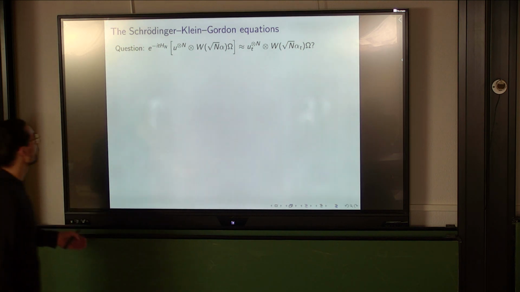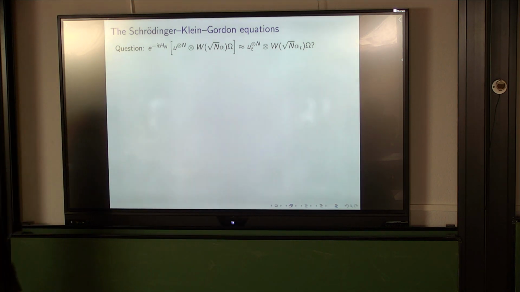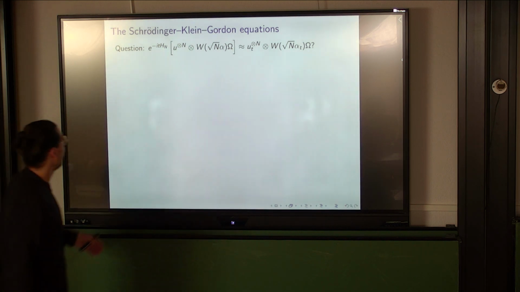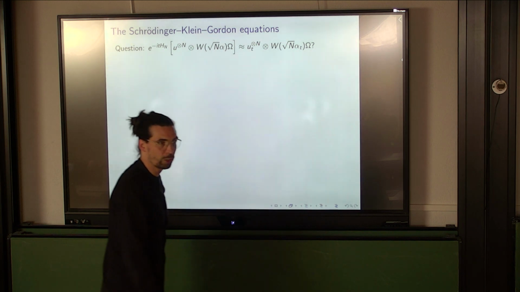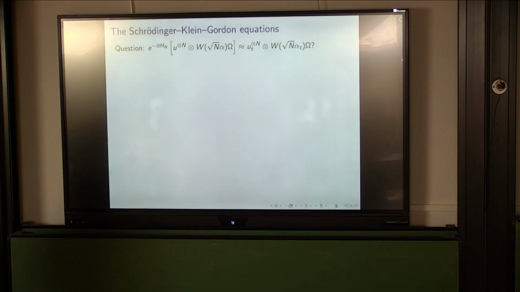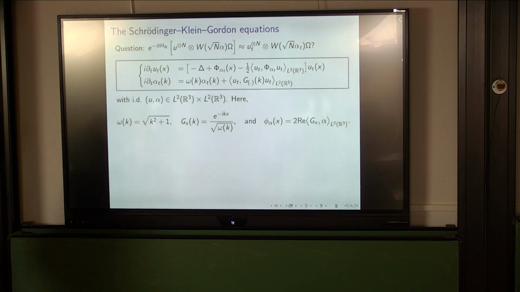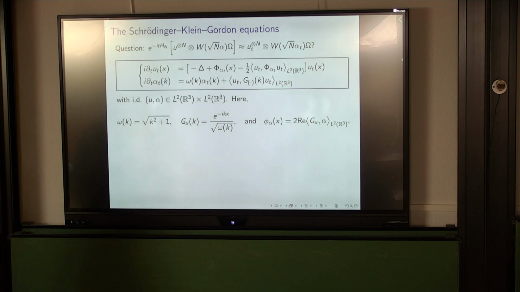As a good guess, one could start with this product state, which is also a state with little correlation, and then make this propagation of chaos assumption that the structure also holds at later times. If one does this, one can, for example, look at the Ehrenfest equations to see that the corresponding mean field equations should be the Schrödinger-Klein-Gordon equations.